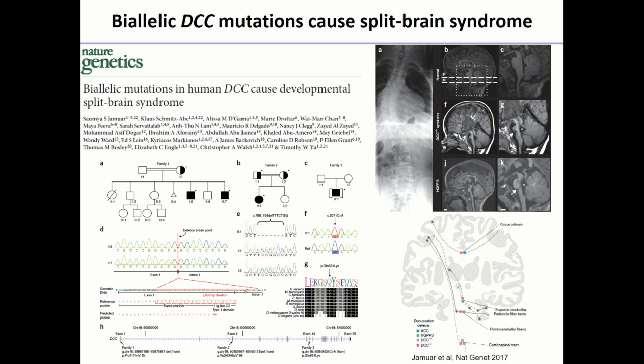Split brain means that there are no commissures between the 2 hemispheres, and several other commissures at different levels of the cortical tract and so on are not present in these individuals. It's a more severe condition, as you can imagine, and these individuals have intellectual disability, and they also have horizontal gaze palsy and a very severe scoliosis.